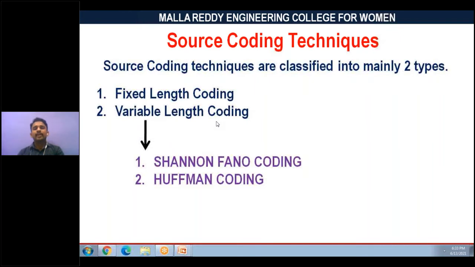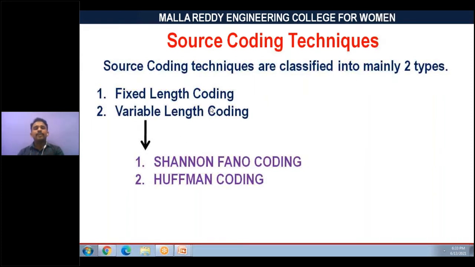And one important relation from information theory is that if any message has high probability, its information content is very low. Similarly, if any message has very low probability, then its information content is very high. So the information content of a particular message is inversely proportional to its chance of occurrence.